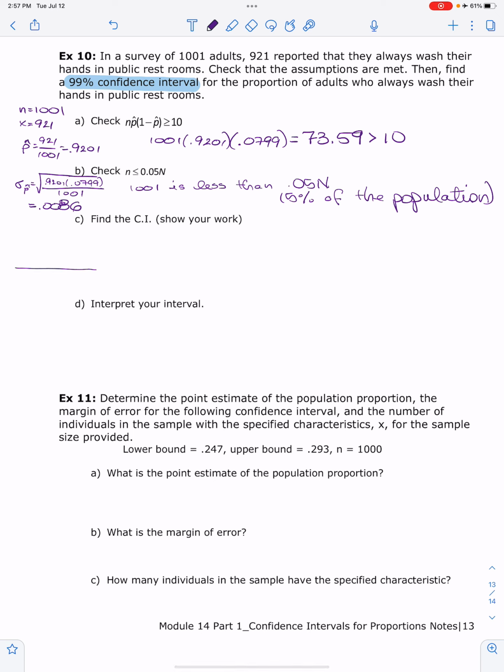So this time, my alpha is 0.01, and so my alpha over 2 is 0.005, 0.5%. So we want 0.5% in this left tail and 0.5% in this right tail.